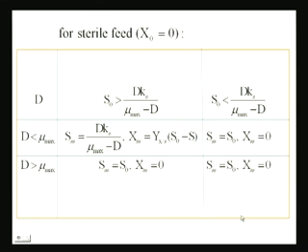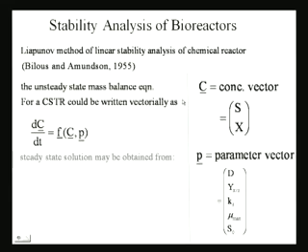Look at this side: S naught less than dKs over mu max plus d, you get all trivial solutions, and in this one you get trivial or non-trivial solutions depending on d greater than mu max or d less than mu max. Now, d greater than mu max is not possible, just as I explained, because d equals mu, and mu equals mu max times some number which is less than 1. So obviously d has to be less than mu max, and in that region alone you can get a non-trivial solution, fine.